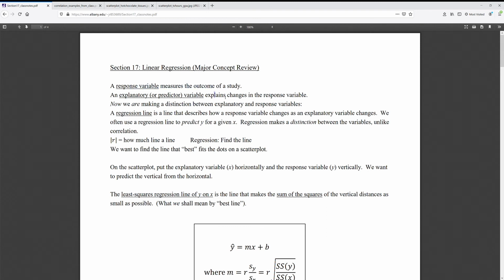Now, these words are a little bit loaded. An explanatory variable explains changes in the response variable. That's a bit tautological when you think about it. And the word explain is not necessarily very helpful, but the point is that we are trying to do some predicting. We are not necessarily assuming any causal relationship.